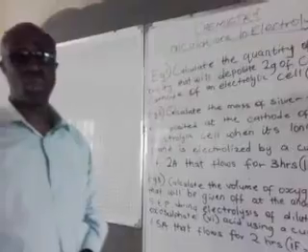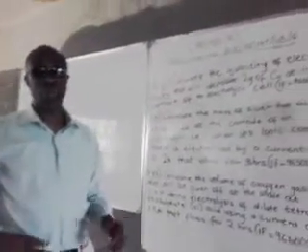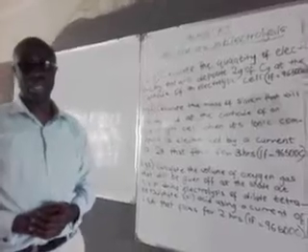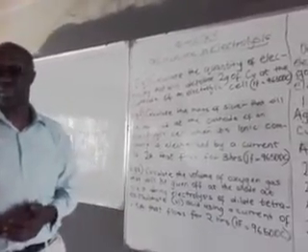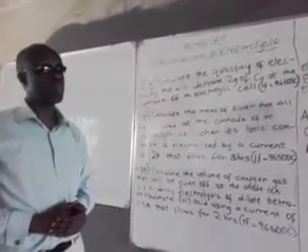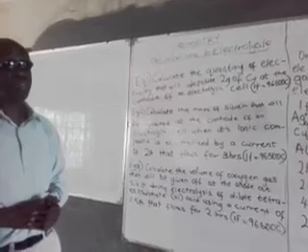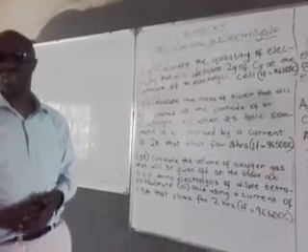So we are told to find the quantity of electricity that will pass through an electrolyte for 2 grams of copper to be deposited at the cathode, given that 1 Faraday is equal to 96,500 coulombs.